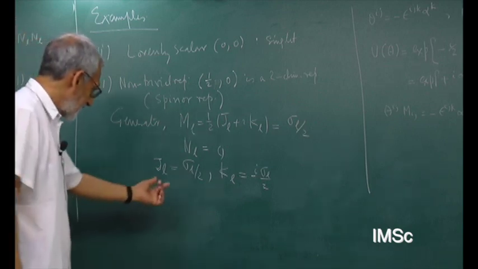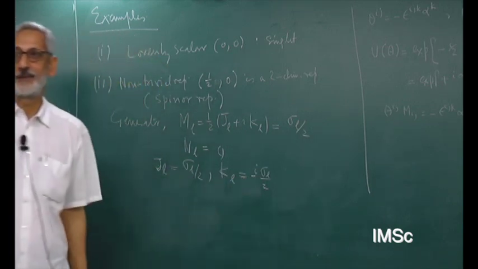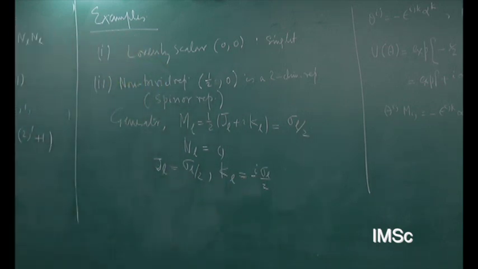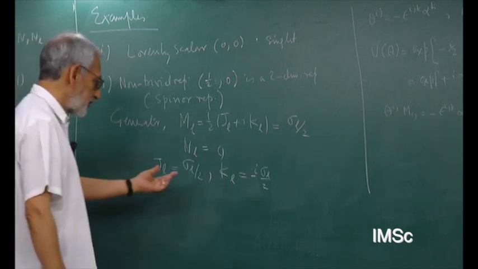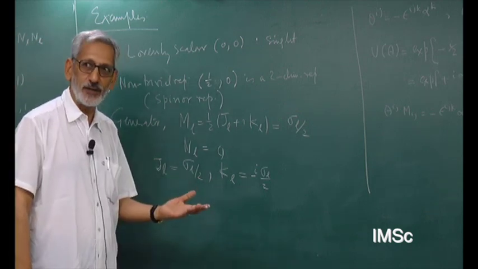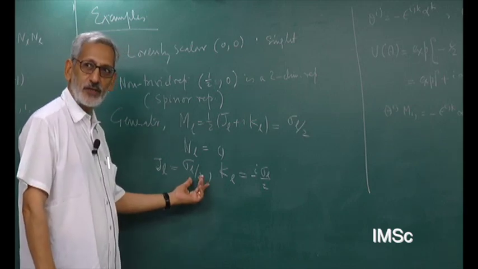Now JLs are Hermitian, KLs are not. But that's what KLs are, the boosts. JLs are the rotation, and rotation is the same as ordinary rotation, space-time rotation. JLs are the generators of rotation.